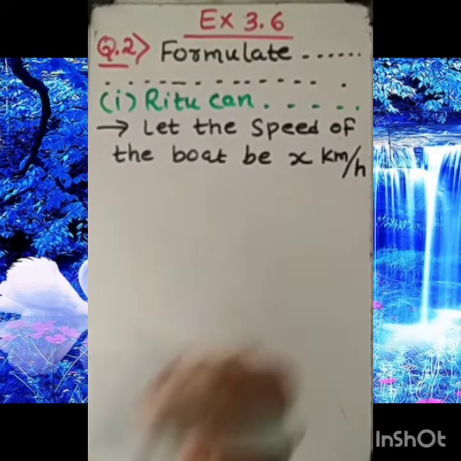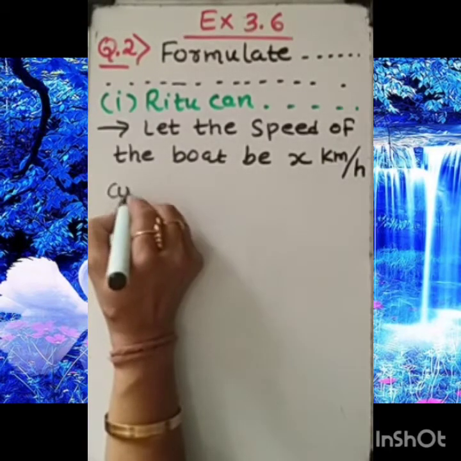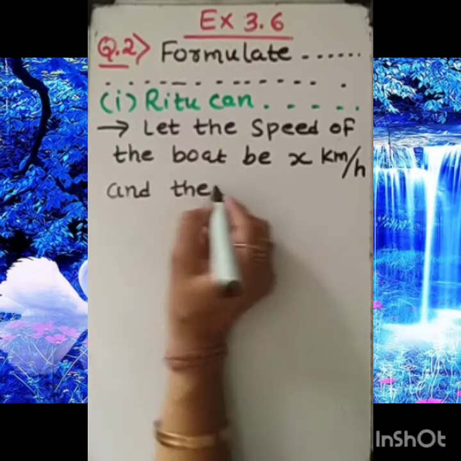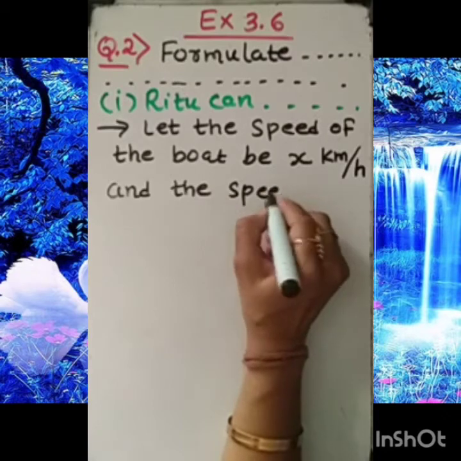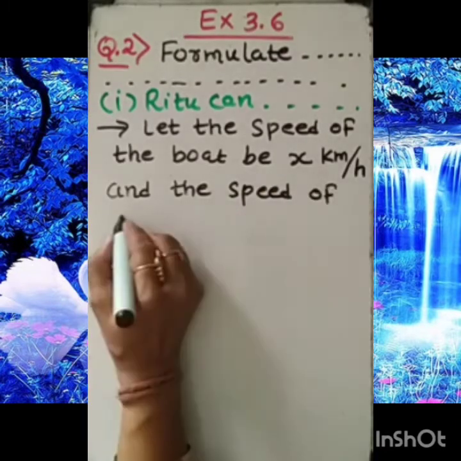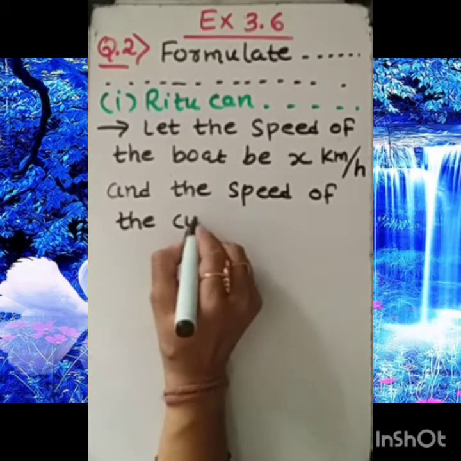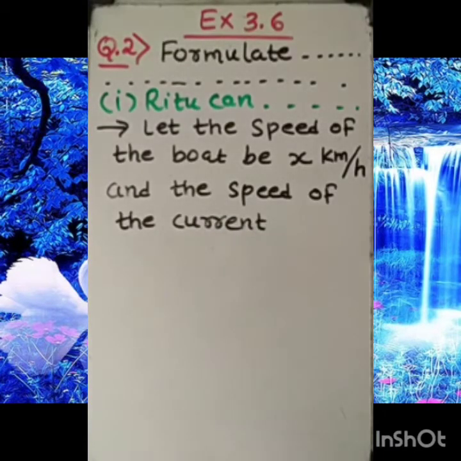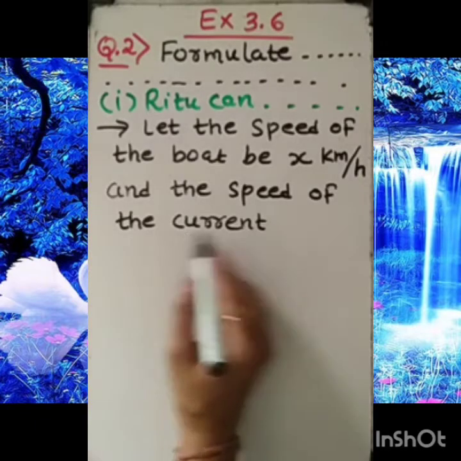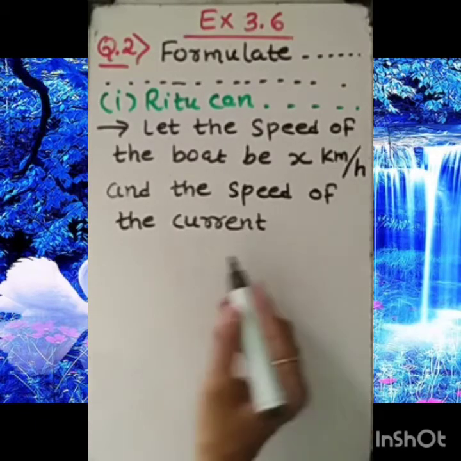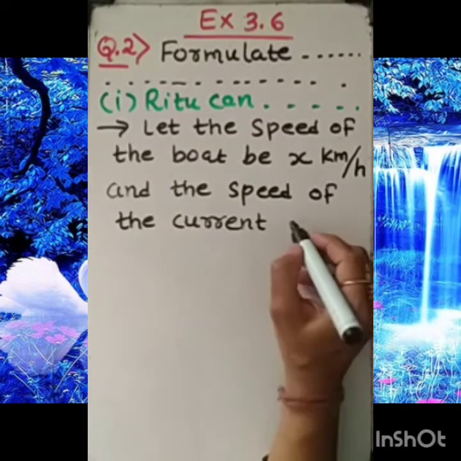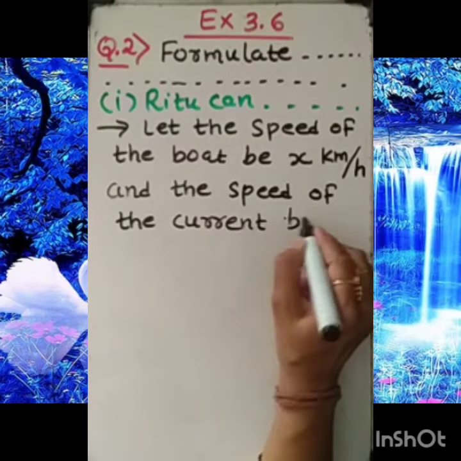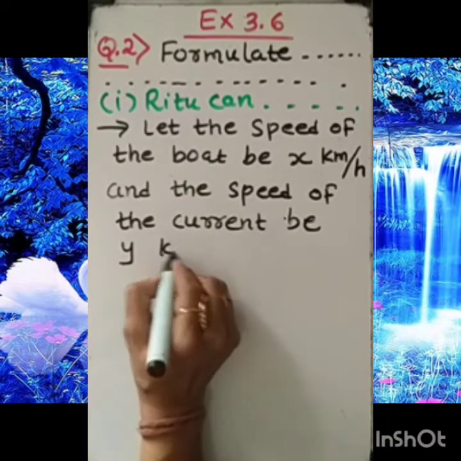And the speed of the current. The current means the flow of water, not electricity. So, the speed of the current, let's consider it to be y kilometer per hour.